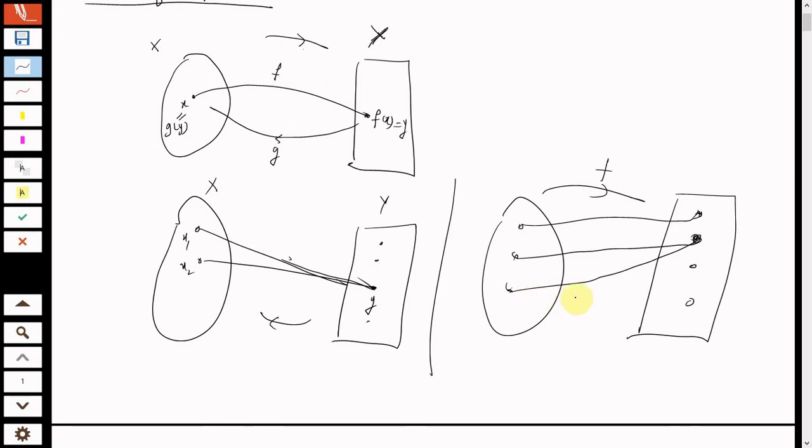Again the process cannot be reversed, because I cannot define a function from Y to X: there are certain elements of Y which are not mapped to any element of X, so they will not be able to map to any element of X if I consider Y as the domain of that function.